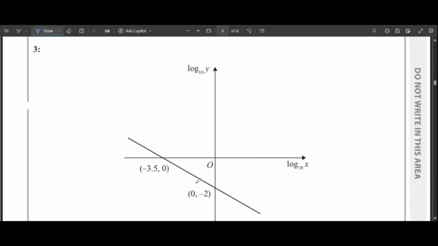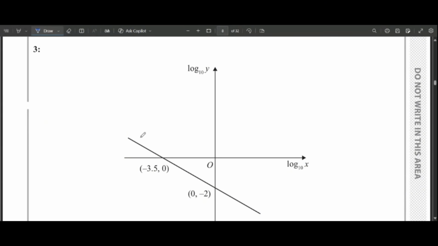The x and y variables in the equation of this line will be log10 x and log10 y respectively, because the variables in this graph have been changed. The variables are no longer x and y. The variables are now log10 x and log10 y, where log10 x is the independent variable and log10 y is the dependent variable.